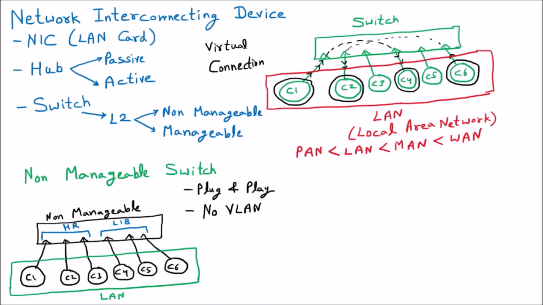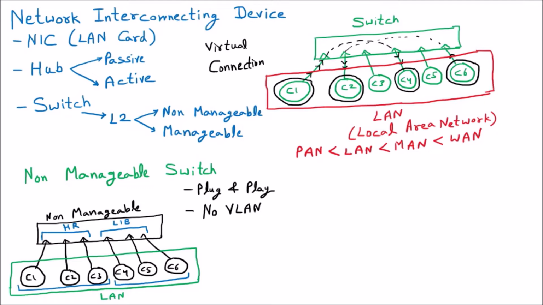But I want the first three computers to have 10 Mbps of speed and the other three computers to have 2 Mbps. I want to differentiate these computers. Differentiate means I want the first three computers to create a virtual LAN and the next three computers to create another virtual LAN. That is not possible.